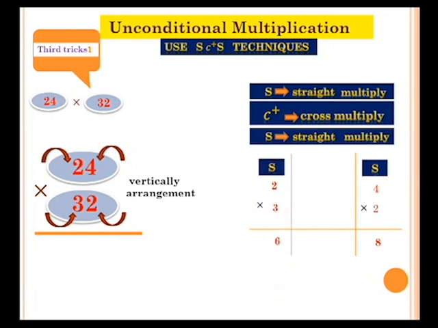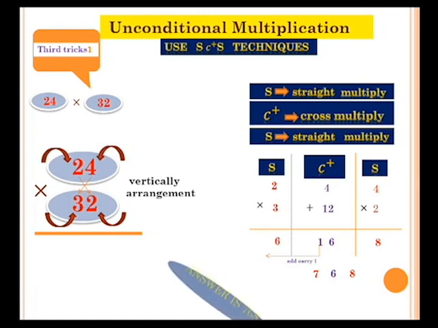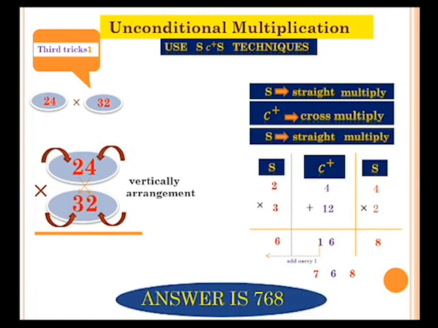Then take the cross multiply of 2 and 2, that is 4, and 4 and 3, that is 12, and add it, we get 16. Then write accordingly 8 as it is, 6 as it is, and add the carry 1 from 16 to 6, you get 7. That is the answer, the product of 24 and 32 is 768. In this way we have used this technique.